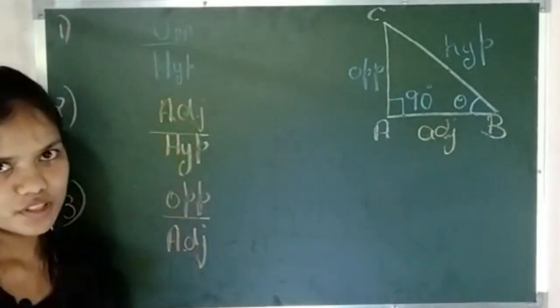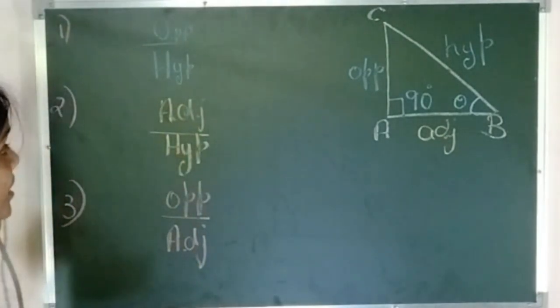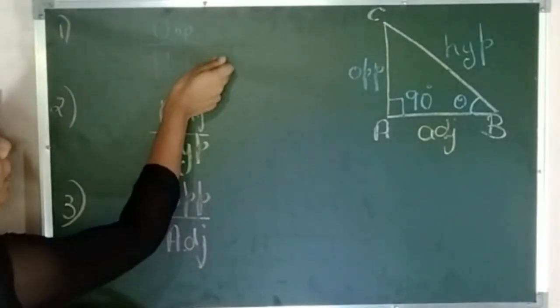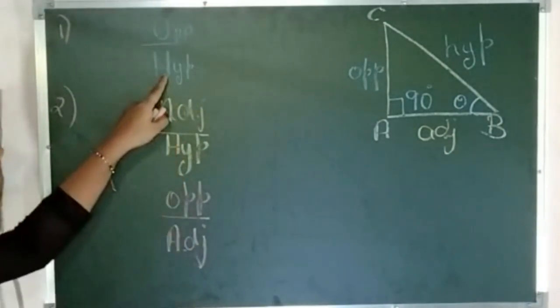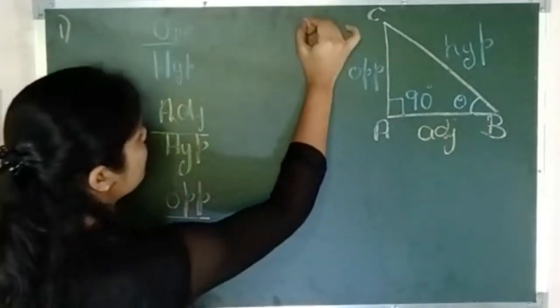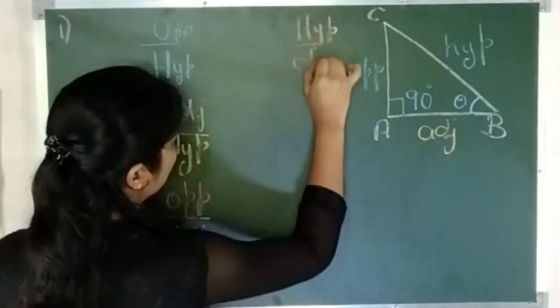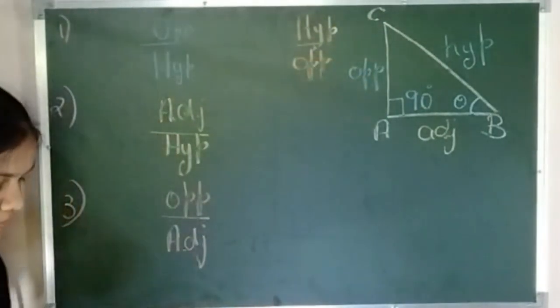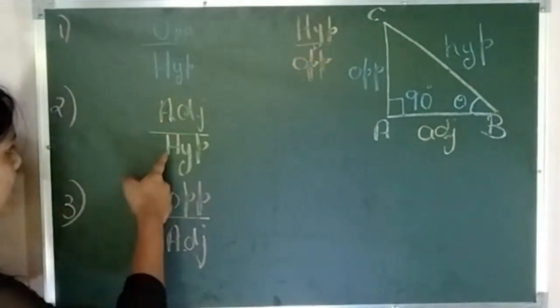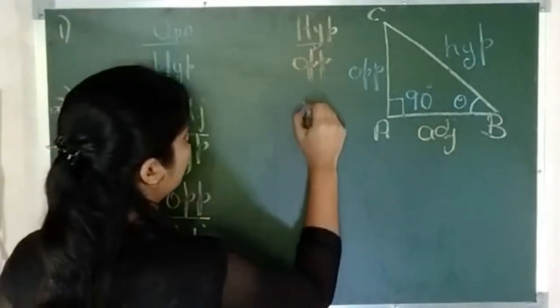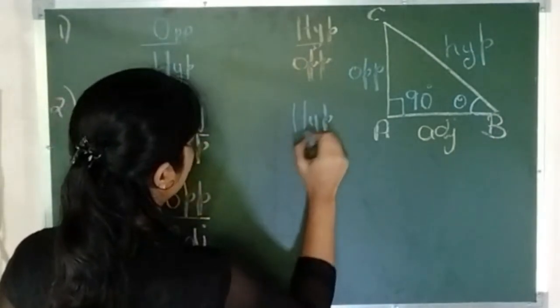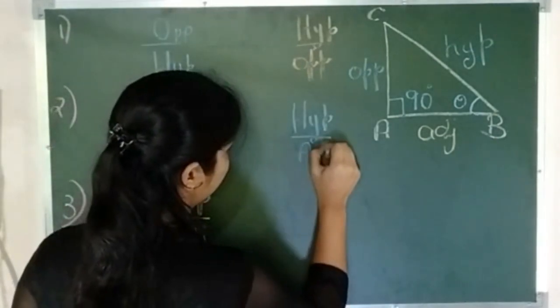Which are the next three possibilities? Those are just the reciprocals of the first three. I can take hypotenuse by opposite. The second possibility is the reciprocal of adjacent and hypotenuse, that is hypotenuse by adjacent.